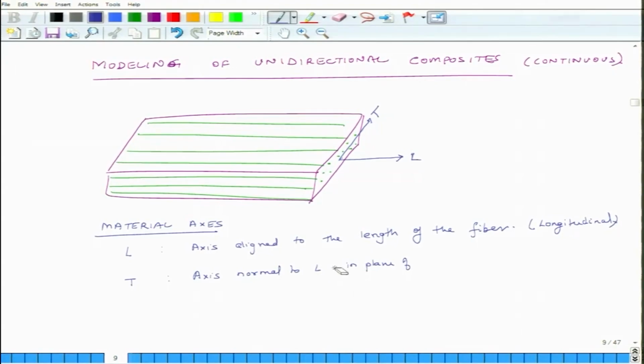So, this axis is normal to L and this is called the transverse axis. And then there is a third direction, because you always want to have 3 sets of mutually orthogonal axes which are at 90 degrees to each other. So, the third axis we call T prime.